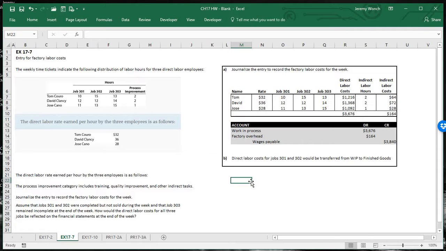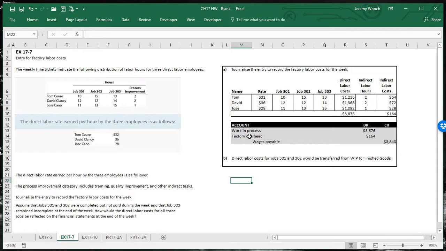The same with factory overhead. Think of it as when you actually incur that cost. So you pay these hours, or you pay a utility bill, or you add depreciation. Those aren't going to go directly into work in process. The actual costs are going to go into factory overhead. That's what you do when factory overhead is incurred.